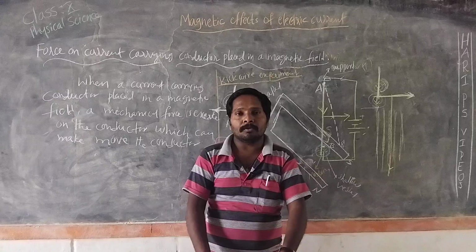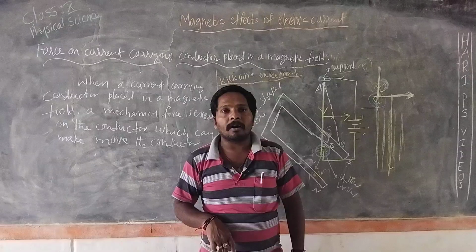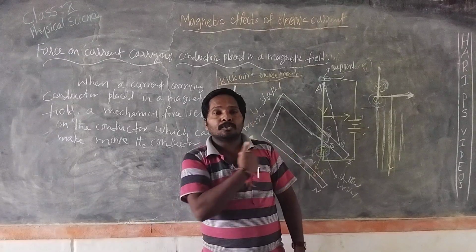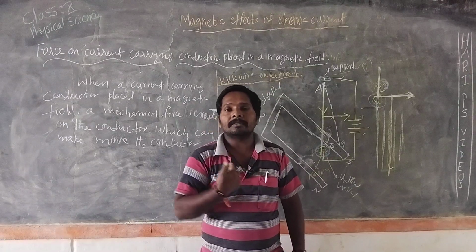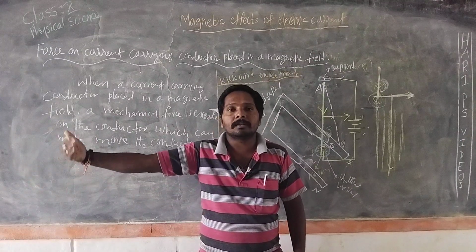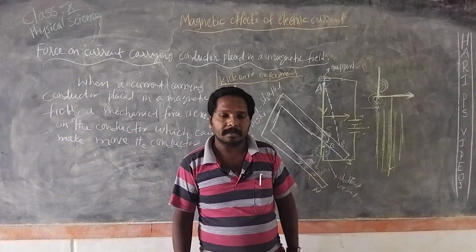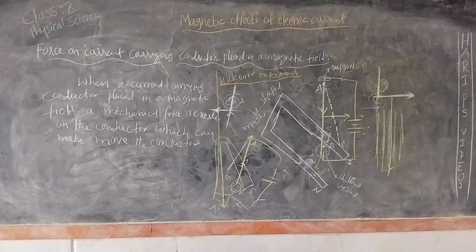If the current is vertically up, the magnetic field is formed around the wire from right to left, and the conductor moves towards your left hand side. This is a quick wire experiment for understanding the force that acts on a current carrying conductor placed in a magnetic field. I hope you understand.